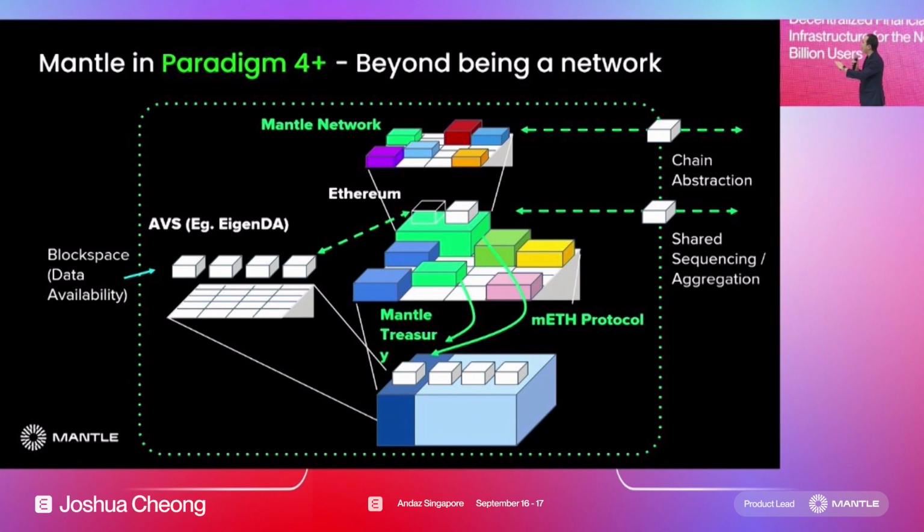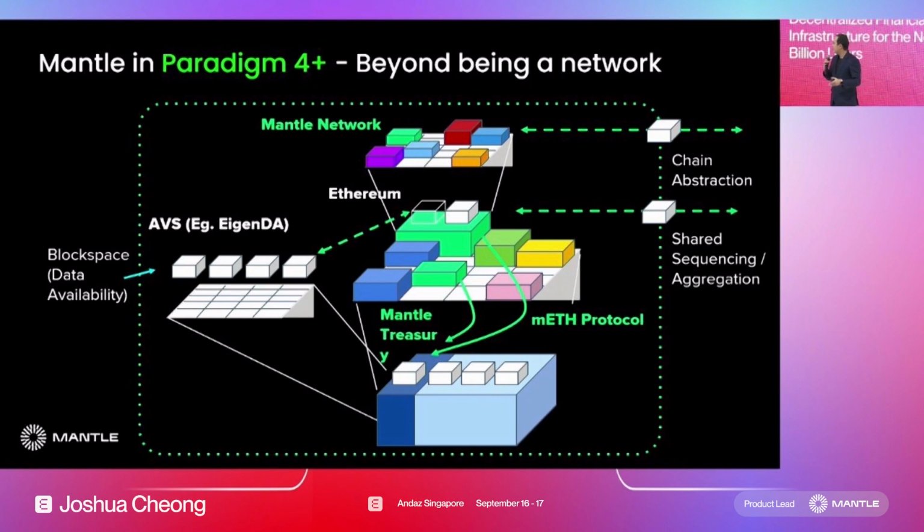So we have the mETH protocol. The mETH protocol can sit both on the L1 and L2. It abstracts away the proof of stake, and it goes right back down to contributing stake into Ethereum. We also have Mantle Treasury. Mantle Treasury has a lot of assets activated down into mETH protocol, down into cmETH, which will be our restaking liquid staking derivative.